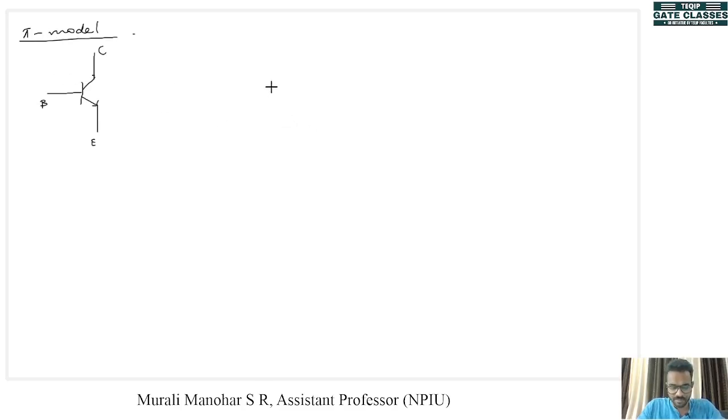Okay. Now it can be drawn as a resistor, a controlled source, which is a voltage controlled current source, and then a parallel resistance to the current source.